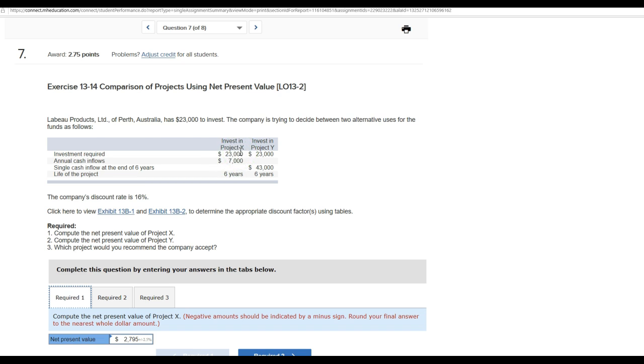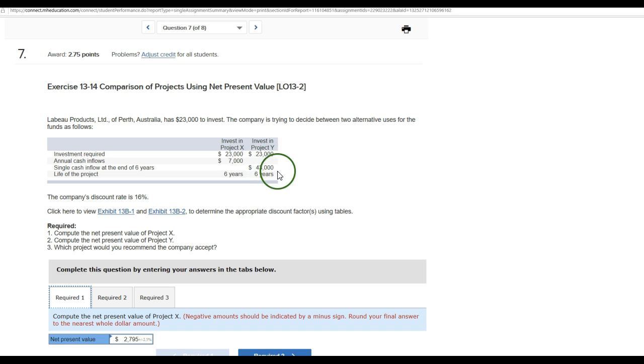Now project X will generate annual cash flows of $7,000, and it will do that for 6 years. So each year for 6 years, project X will generate $7,000 in cash flow. Now project Y does not have an annual cash inflow.